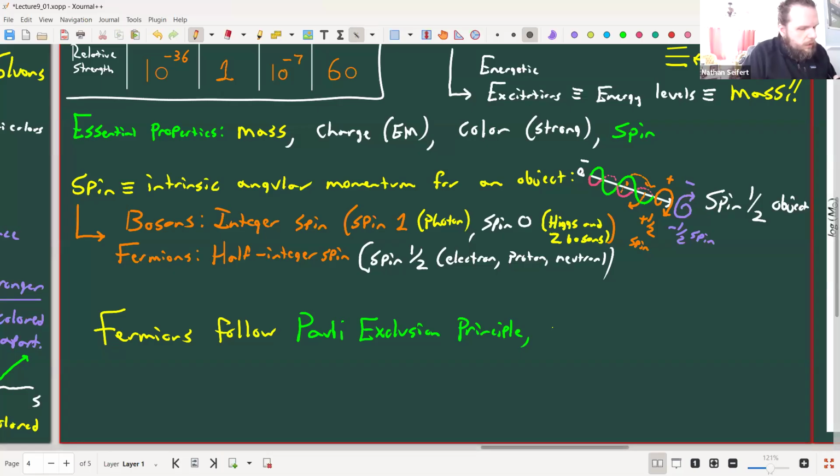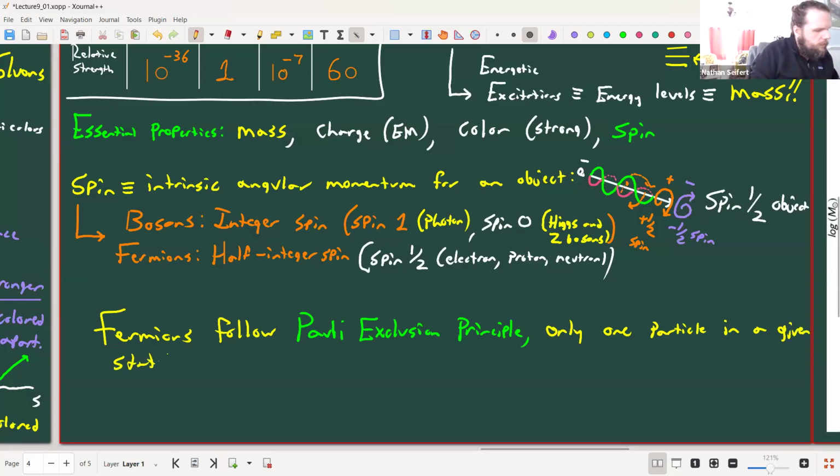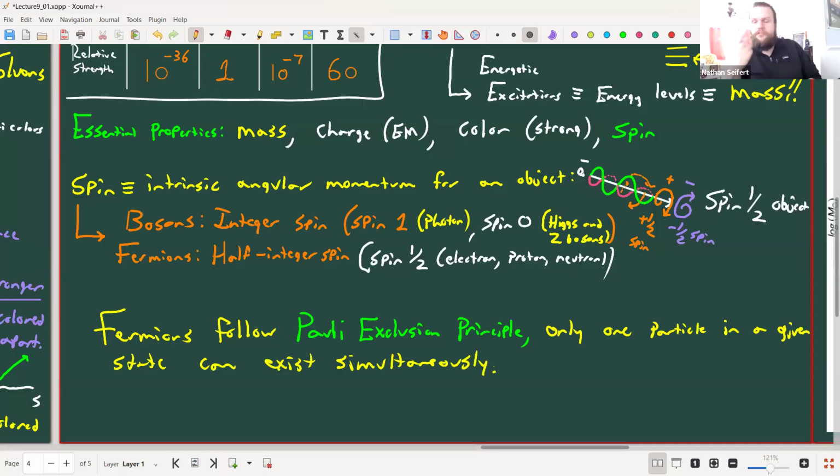Which says that only one particle in a given state and position can exist simultaneously. So what this means is, you guys know this implicitly because you can only put two electrons in an orbital.